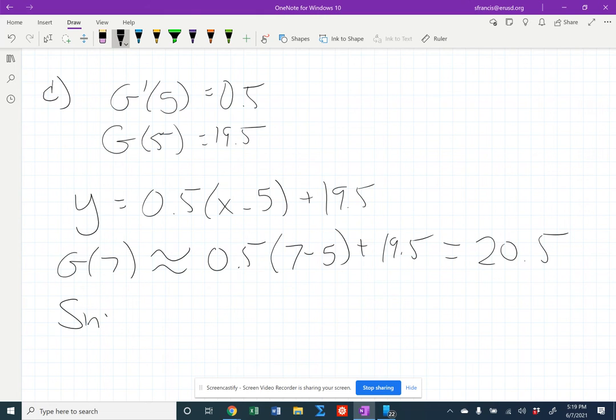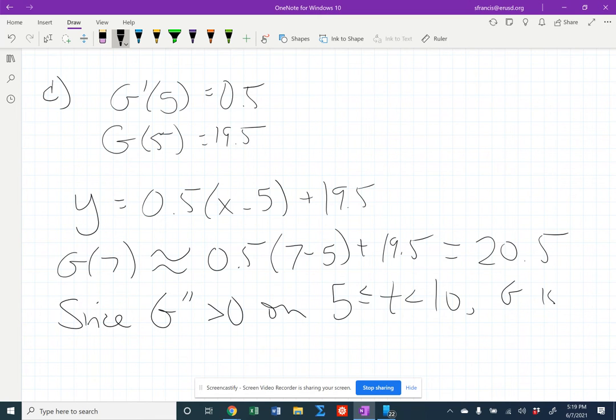Now since, and they told us this, g double prime is greater than 0 on 5 to 10, g is concave up. So the tangent line is below the curve.